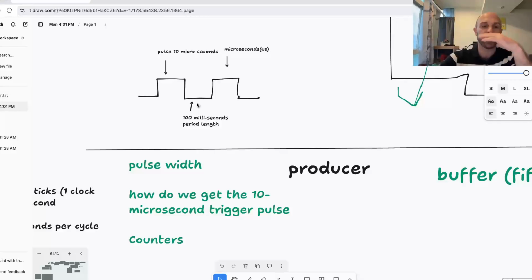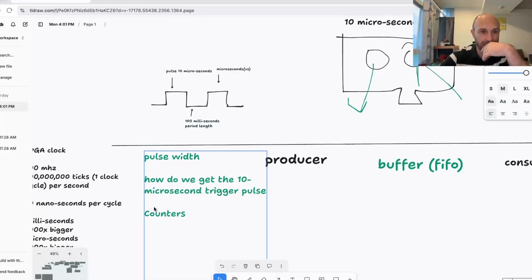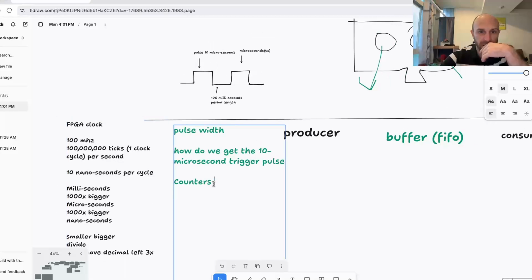So you have to set the period using counters to 100 milliseconds. So use counters to set the timing for period and pulse.